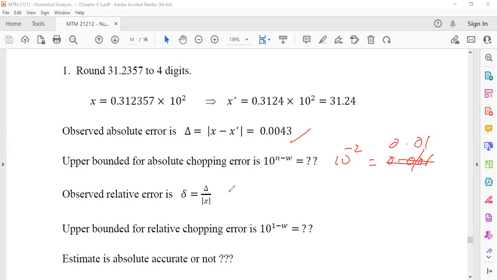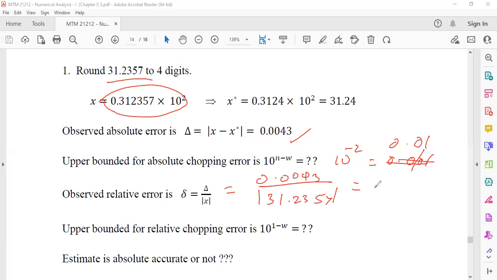Okay, this one, 0.0043 divided by this value, 31.2357. Somebody has answered this way. Am I right? Please tell me whether small delta is this one.